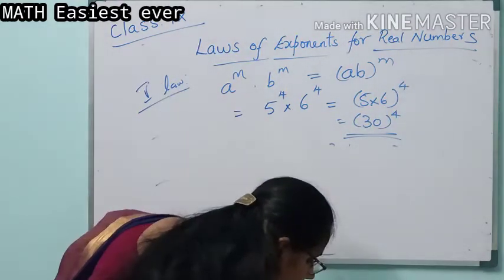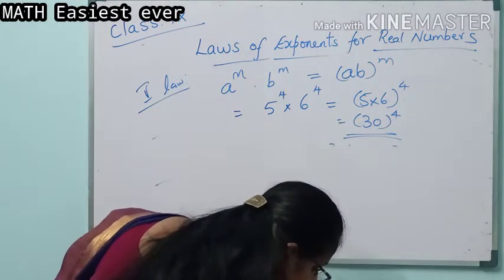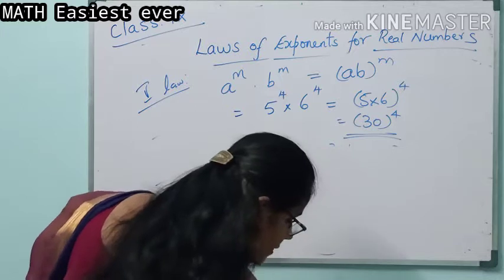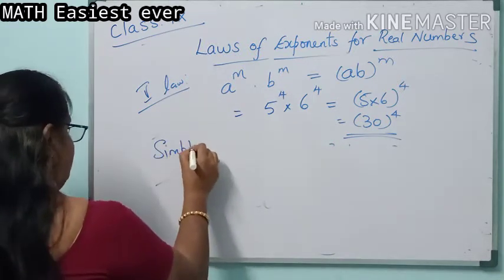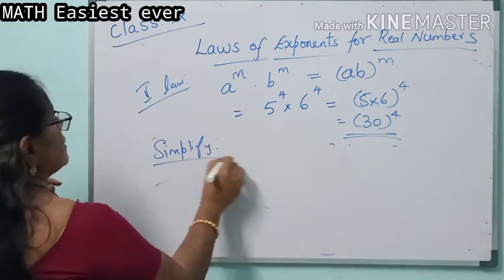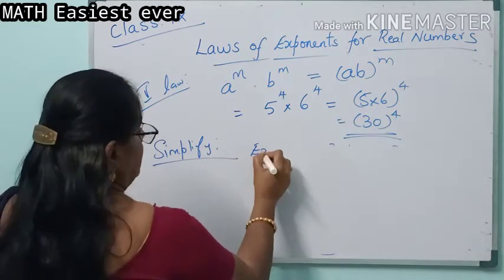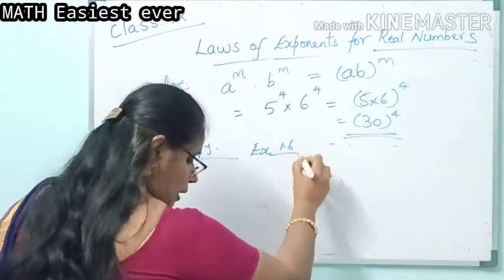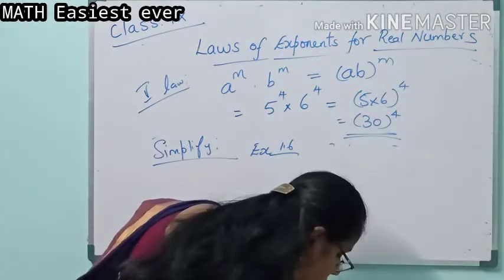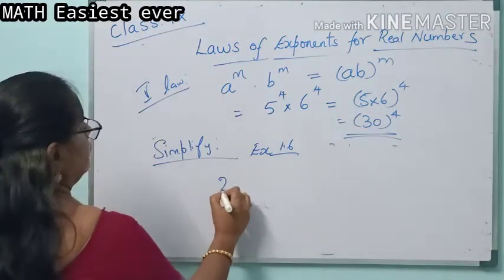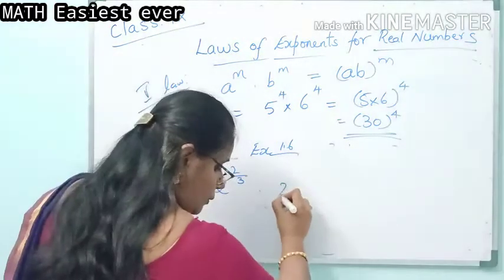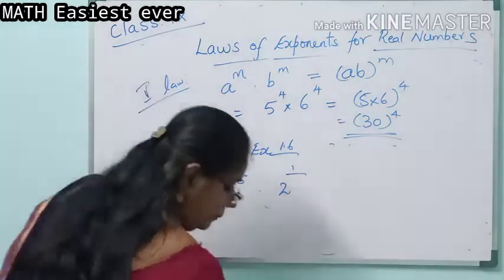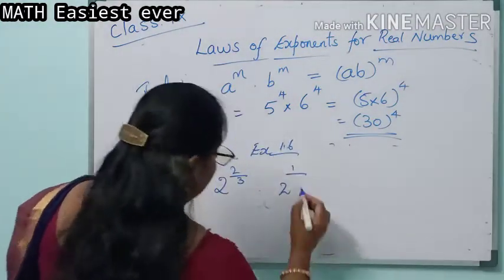Now the question given here is exercise 1.6, simplify: 2 raised to 2 by 3 into 2 raised to 1 by 5.